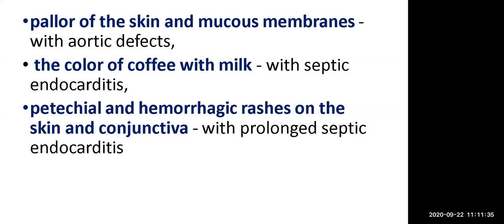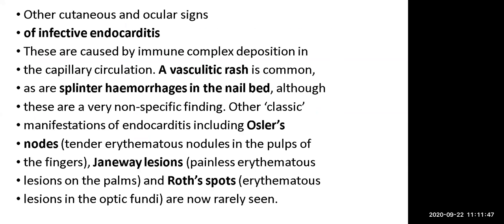Very, very dangerous disease. Then you also can find signs like petechial and hemorrhagic rashes on the skin and conjunctiva. It also happens in septic endocarditis. Here is all this information: Osler's nodes, hemorrhages in nail bed, and rash, Roth spots.